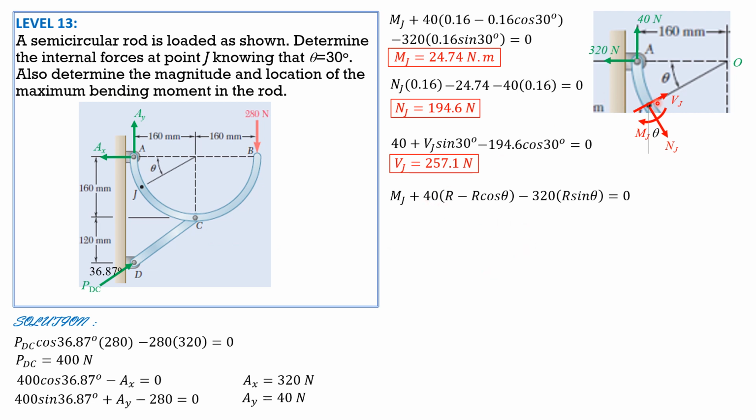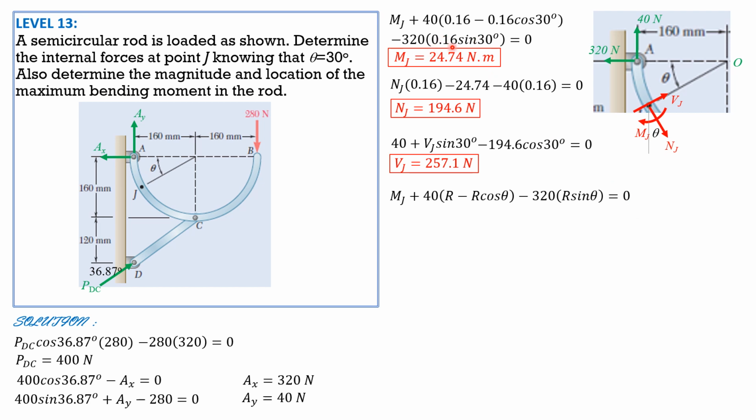So the moment about J, with theta unknown, is Mj plus 40 times this horizontal distance, radius minus radius cosine theta, then minus 320 times this vertical distance, radius sine theta.